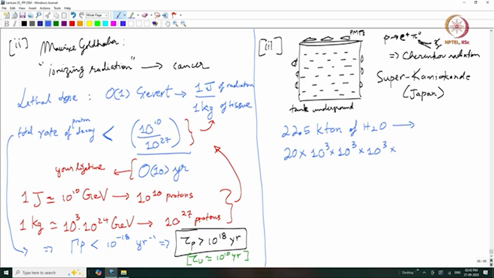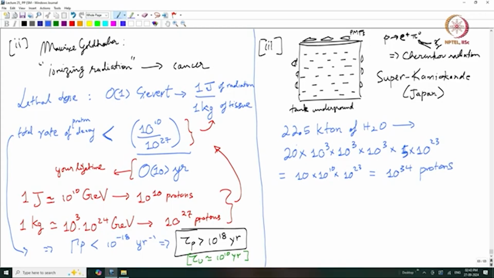Grams is what? 5 times 10 power 23 protons. That's Avogadro's number, roughly. Okay. So what is this? This is 2 times 5 is 10. Okay. Then I have 1, 3, 3, 3. So that's 10 power 10. And then I have 10 power 23. Right. So basically this is 10 power 34 protons.